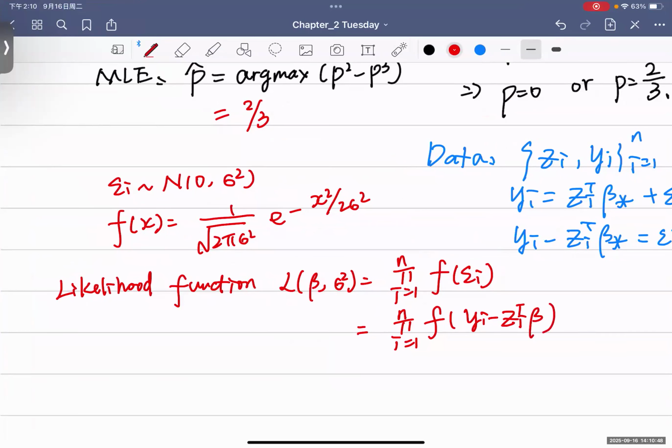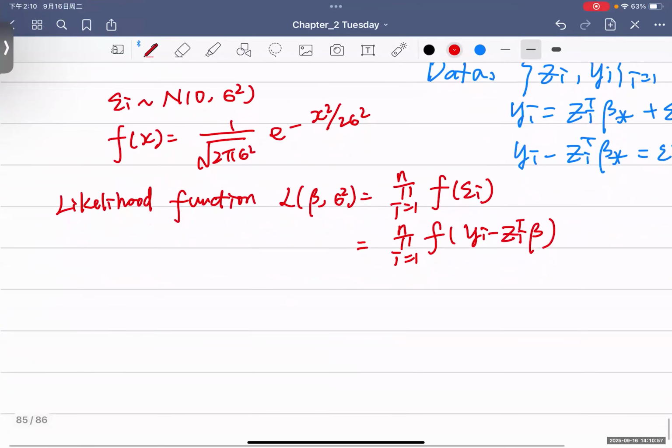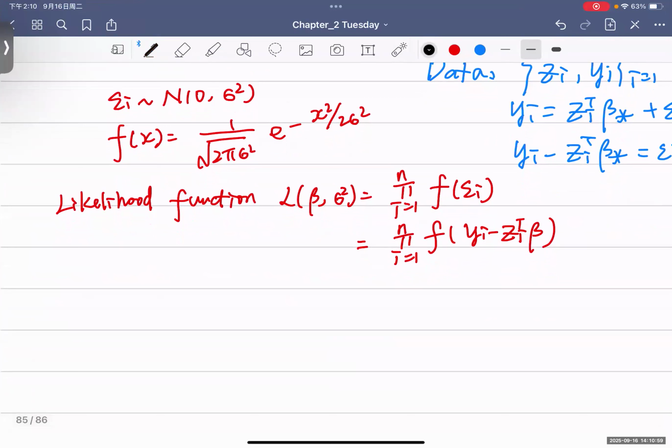Okay, so this is our likelihood. Given any beta and sigma, we can find the corresponding likelihood. Therefore, the MLE stands for beta hat and sigma square hat equal to the argmax of L of beta, sigma square.